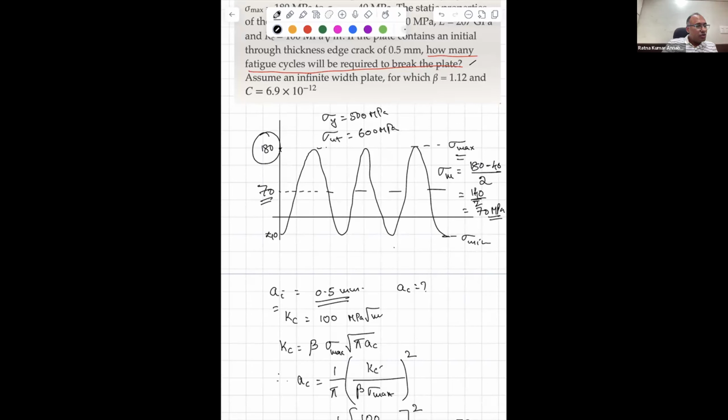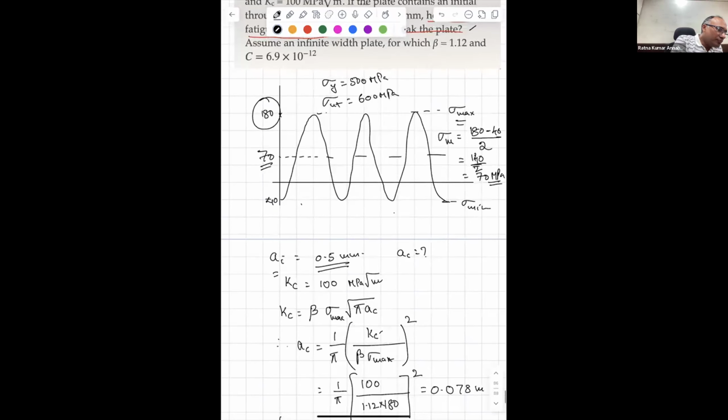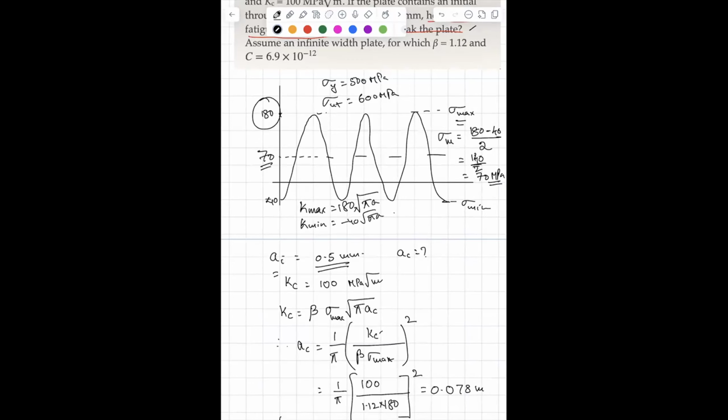Okay. So now, K max is 180 root pi A, and K min is minus 40 root pi A. But K min is negative. So on the negative side, we will not have any crack growth, and hence it should add some life.